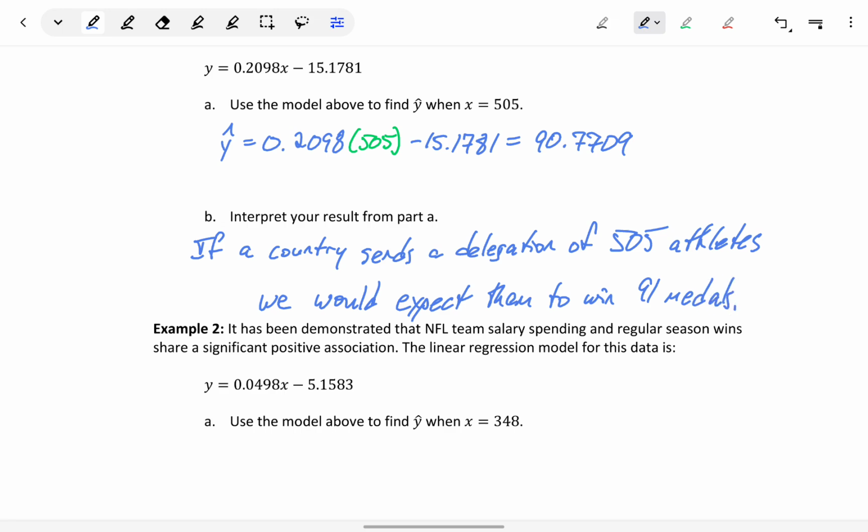So we're using that linear model to make a prediction about a future or unknown delegation size and the number of medals we would expect that country to come home with.